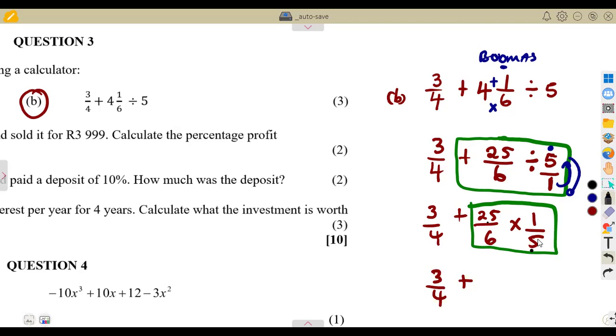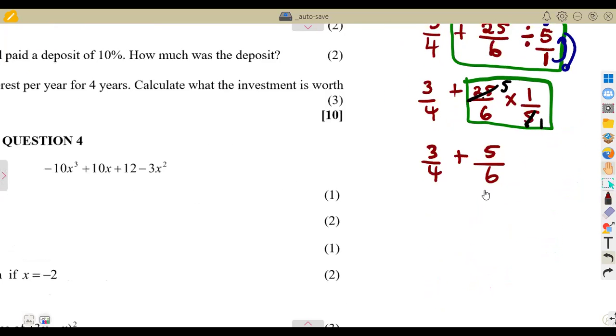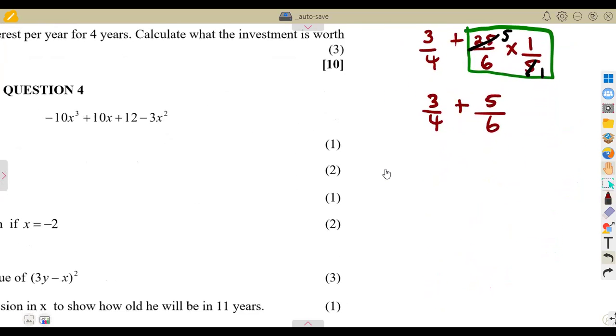So you can divide, okay? 5 divided by 5, that's a 1. 25 divided by 5, that is a 5. So you are left with 5 times 1, which is 5, over 6 times 1, which is a 6. So this is where you are now, and you need to add these two fractions.